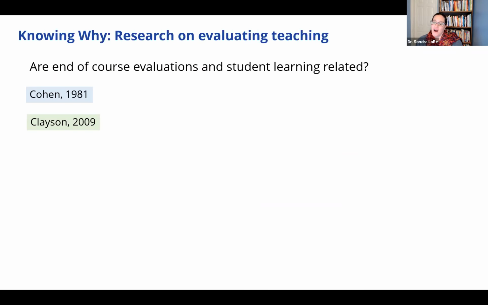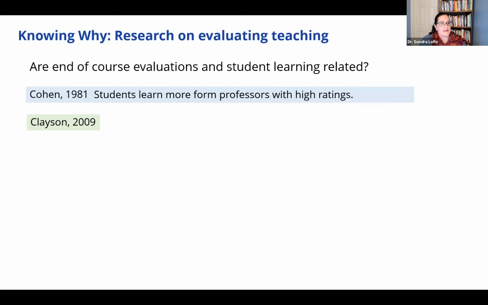So, end of course evaluations and student learning. Early research and a very popular study was done by Cohen, and it was published in 1981. That study said that students learn more from professors with high ratings.